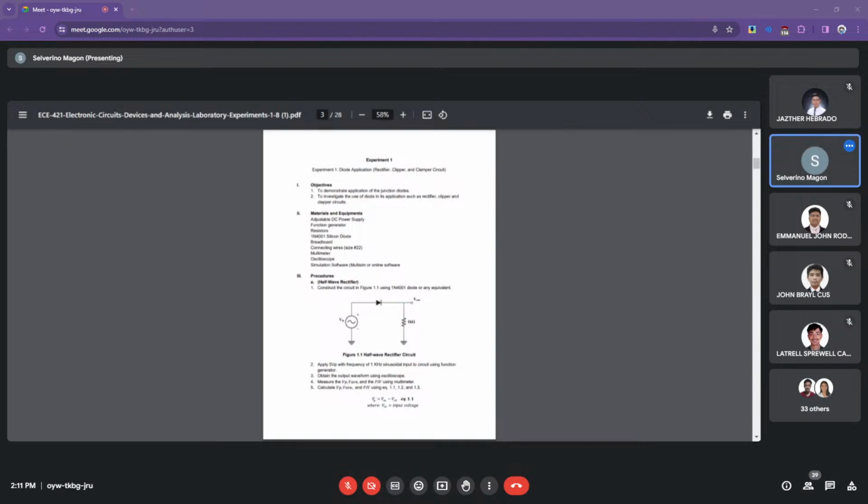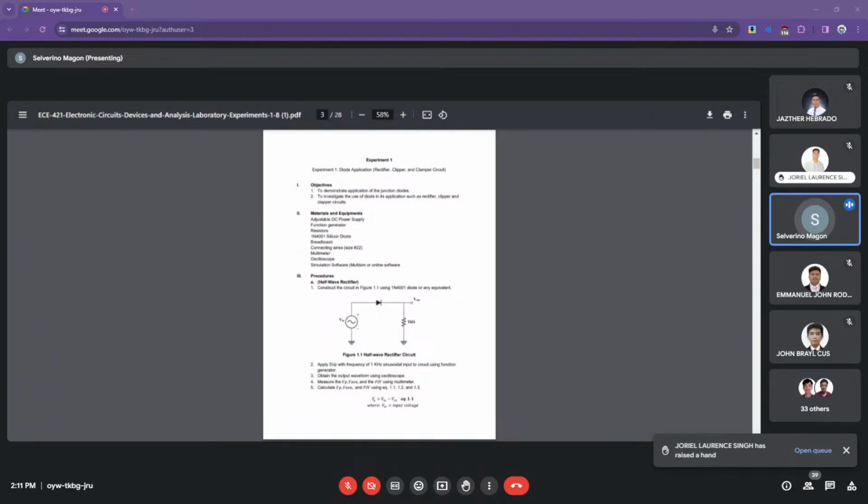If some people would like to work in smaller groups, then it's up to you. But I'm expecting at least 8 groups for this block. Is that okay with everyone?